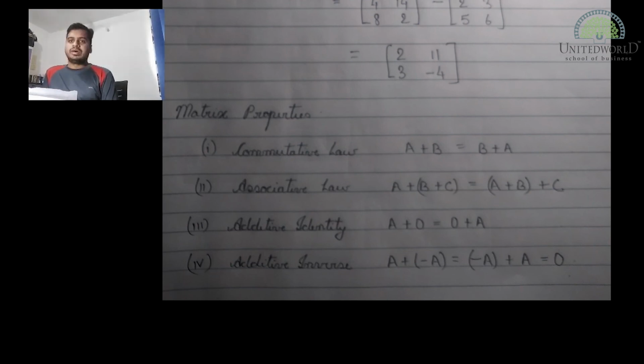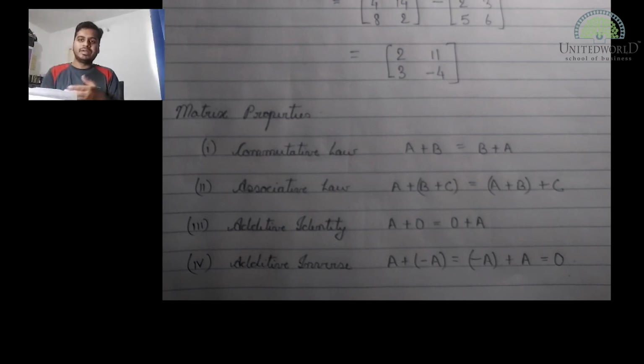Similarly, after additive identity, we also get the concept of additive inverse. What is additive inverse? The additive inverse of any matrix is the matrix that, if you add it to A, you will get 0. Additive inverse of any number is minus of that number.